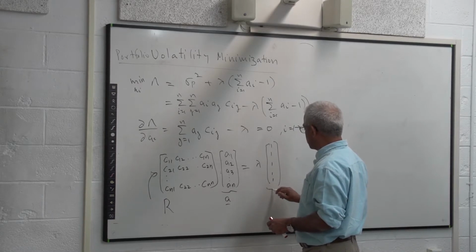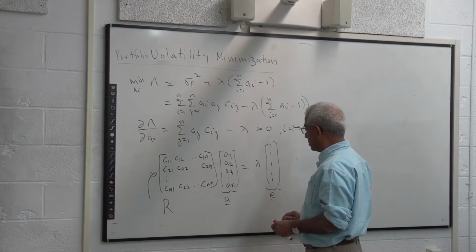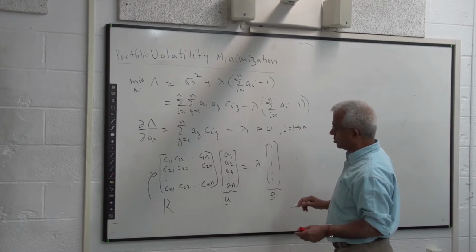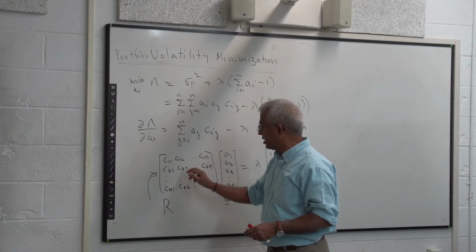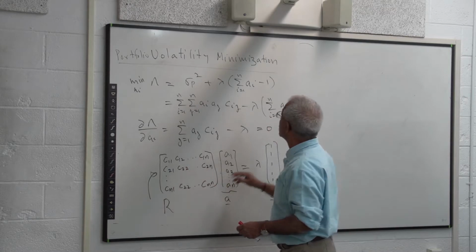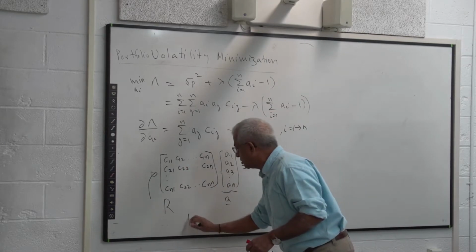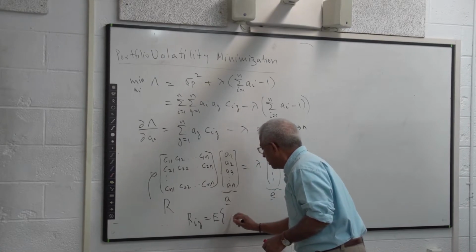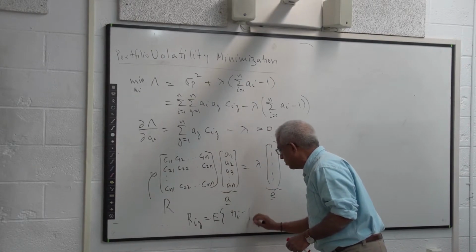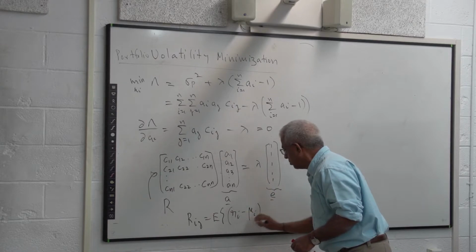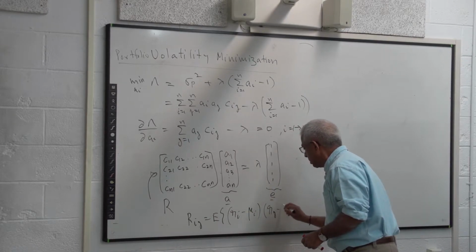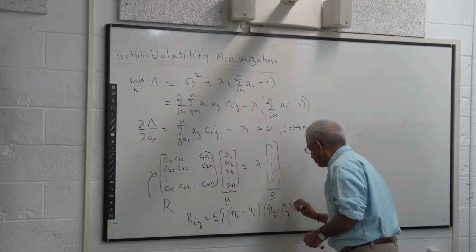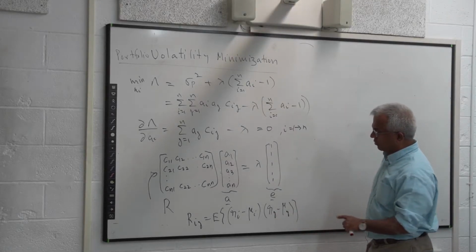So I'm going to call it, in standard notation, the E vector. Remember Rij, the ijth entry, is the expected value of Ri, the ith return minus its mean mu i, multiplied by Rj minus mu j. So that's the covariance matrix.